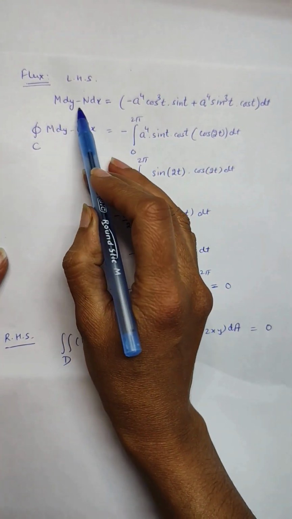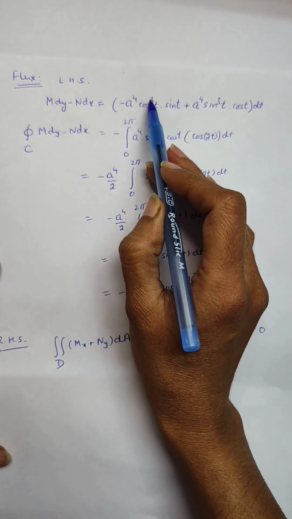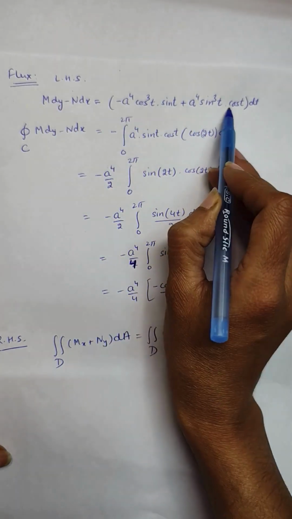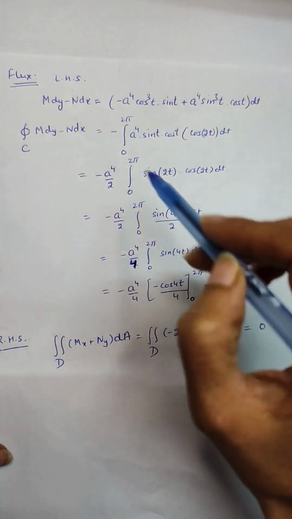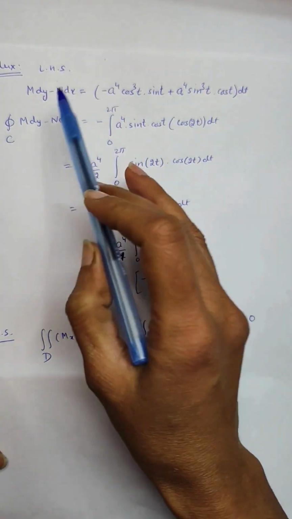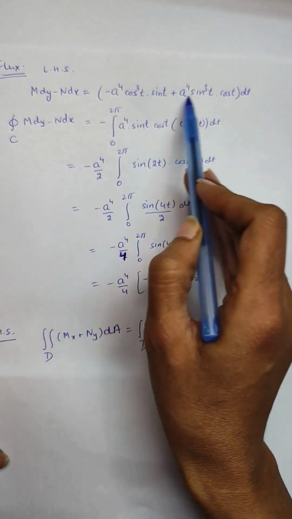So we calculate m dy minus n dx by writing the expression in terms of t for each one of them, because it's an integral along a curve, so we use a parametric equation for each one of the functions and each one of the variables.